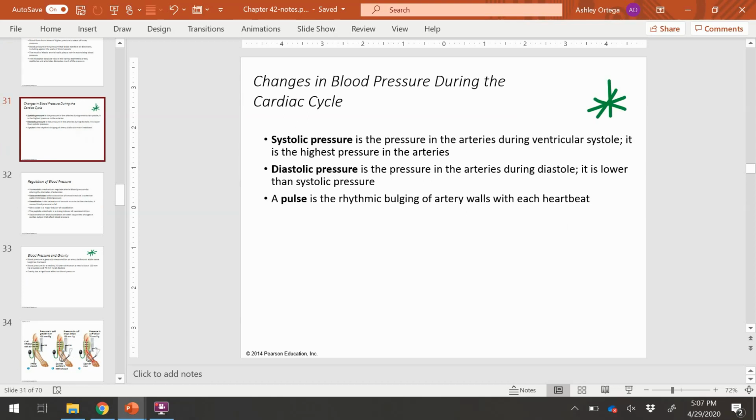Systolic pressure is when the ventricles are in the contraction phase, the highest pressure in the arteries, whereas diastolic pressure is when the heart is in diastole, the relaxing stage, so it's much lower. You can feel a pulse, which is a rhythmic bulging of the artery walls with each heartbeat.